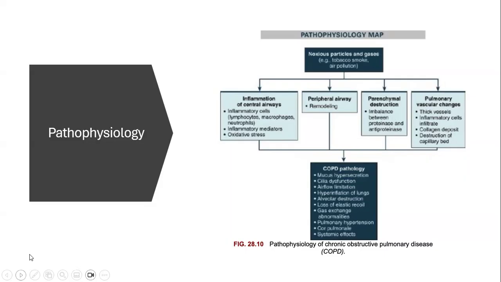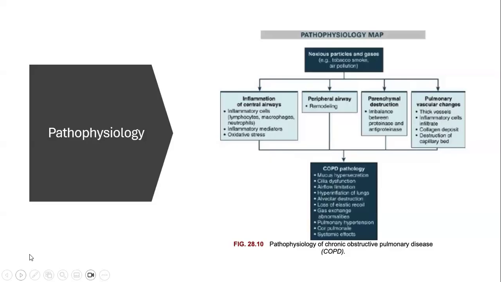As described in the picture, the pathophysiology of COPD involves chronic inflammation affecting the central airways, peripheral bronchioles and alveoli, and also pulmonary vascular changes. This inflammation leads to structural changes, including narrowing of small airways, destruction of alveolar walls, and loss of lung elastic recoil, primarily due to the imbalance of proteases and antiproteases.